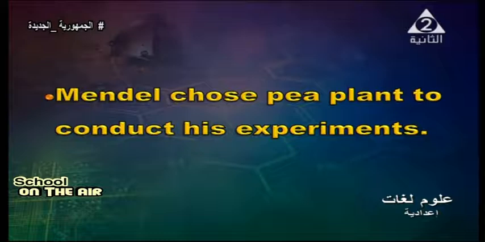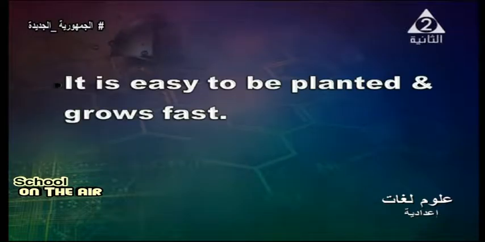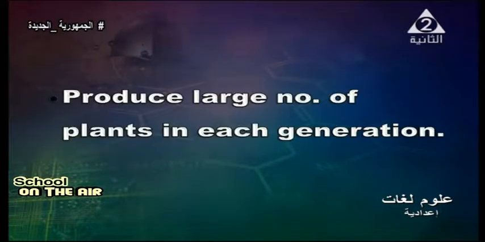Mendel chose the pea plant to conduct his experiment. He carried out his experiment on the pea plant because it is easy to plant and grows fast, has a short life cycle, and produces a large number of plants in each generation.